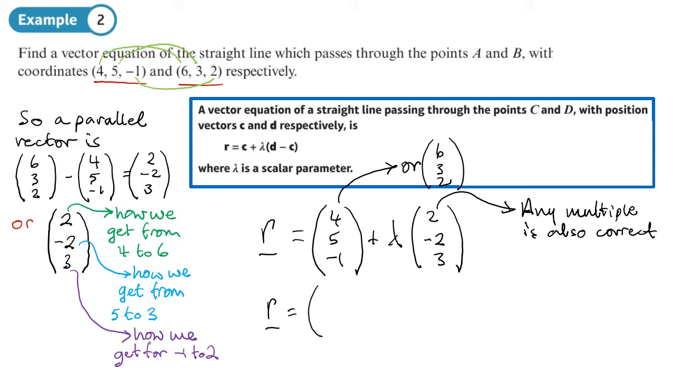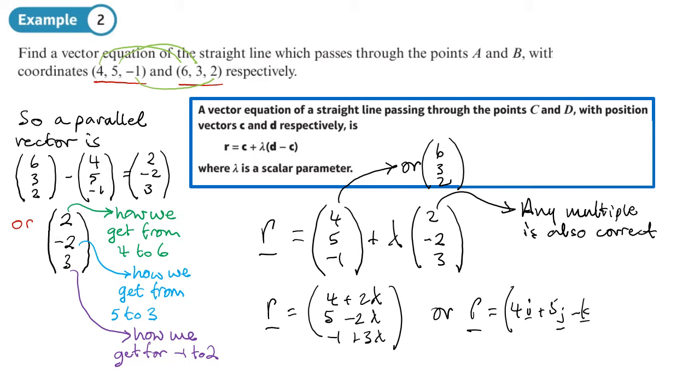So we can leave our answer like that, or we could stick it together and have 4 plus 2 lambda, 5 minus 2 lambda, negative 1 plus 3 lambda. So either one is fine, or you might even go for IJK form: 4i plus 5j minus k, then plus lambda times 2i minus 2j plus 3k.